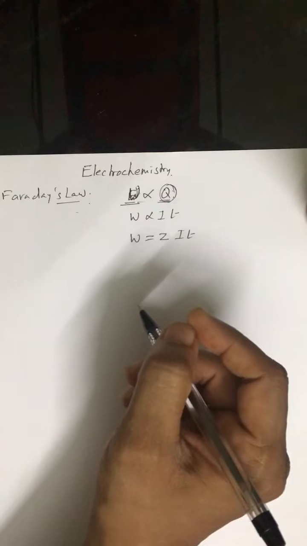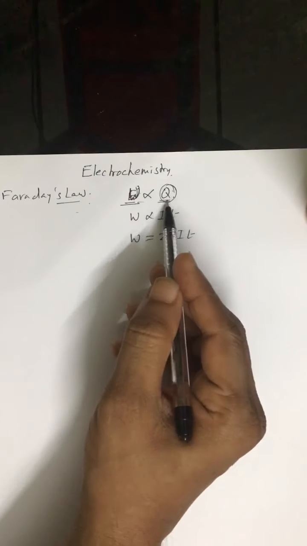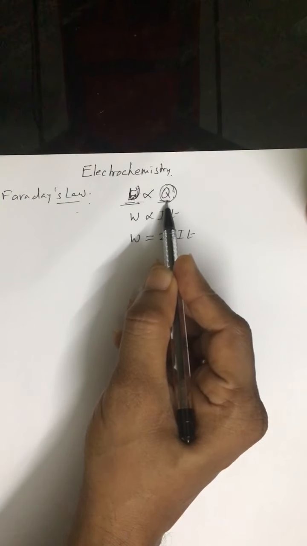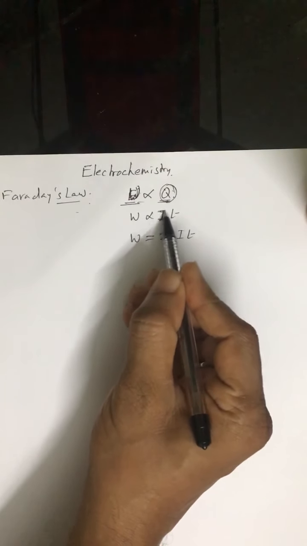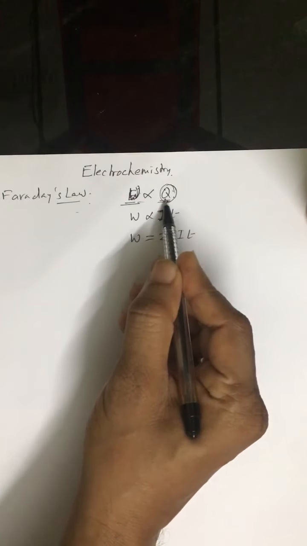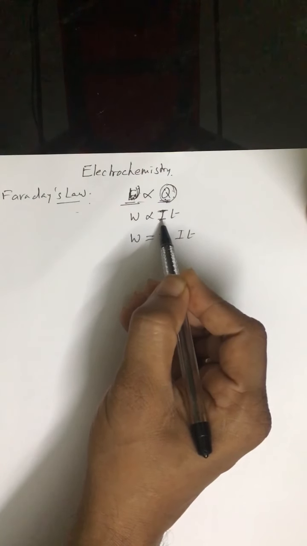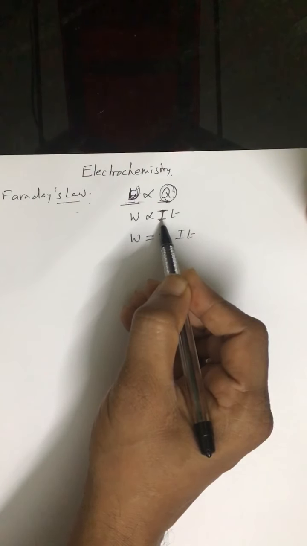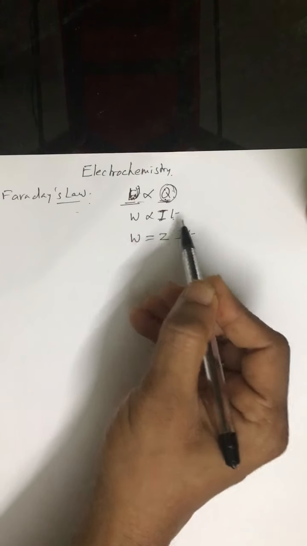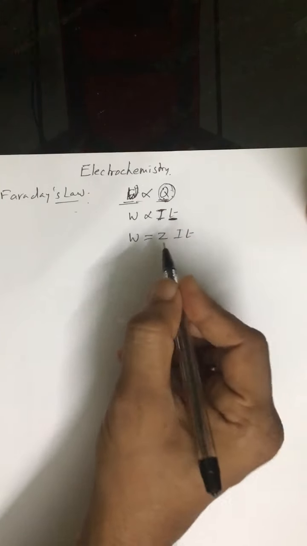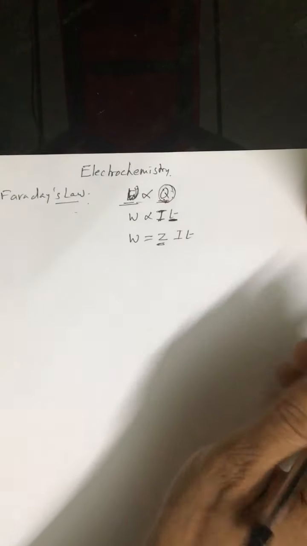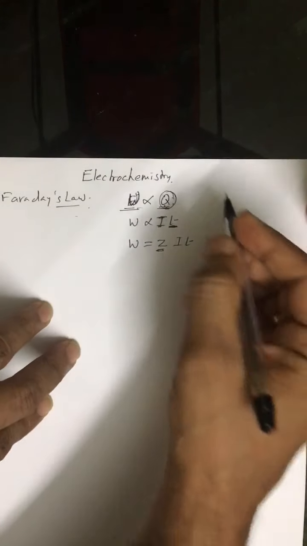Q is the charge, the amount of charge passed through the electrolyte. Q is equal to IT. Q is charge in coulomb, I is current strength in ampere, and T is duration of electrolysis in seconds. Z is electrochemical equivalent.